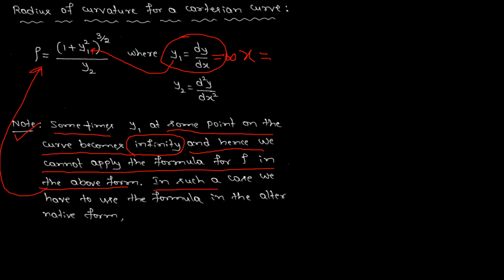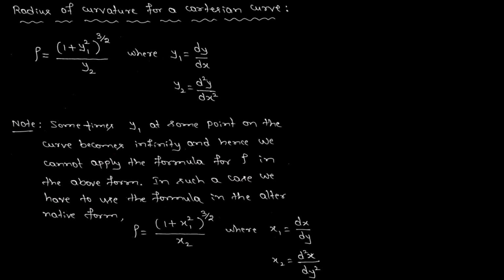In such a case, we have to use the formula in the alternative form. Let us see what that alternative form is. The other form is rho is equal to (1 plus x1 square) whole to the power 3 by 2 divided by x2.